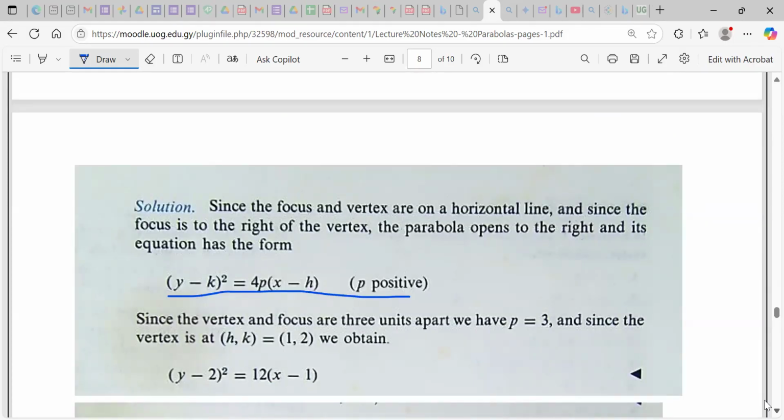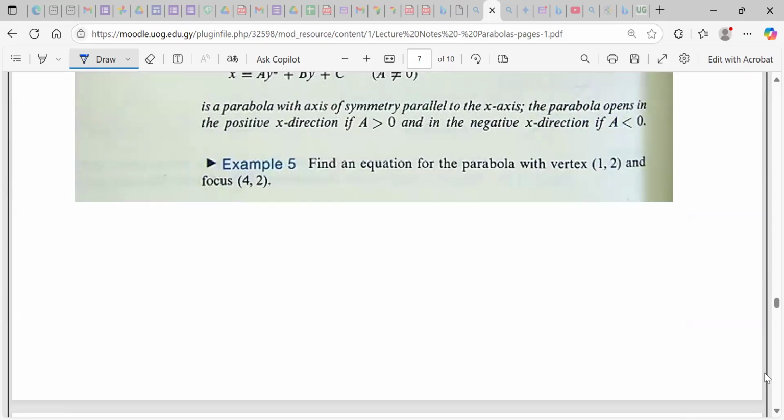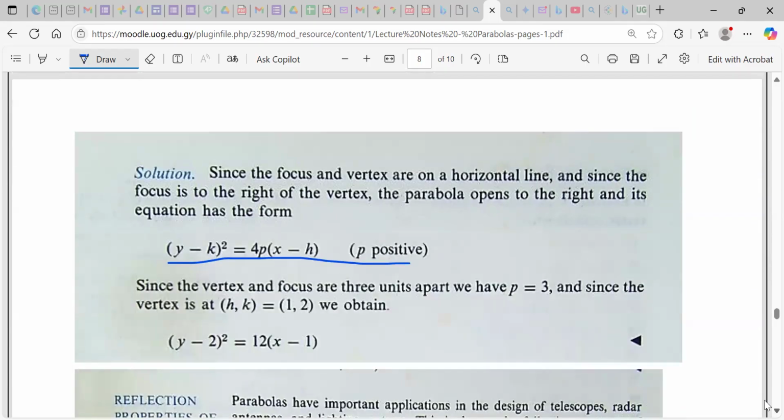Let me write down what the points were again. (1, 2) and (4, 2). All right, let me write that somewhere. So down here is (1, 2) and (4, 2).